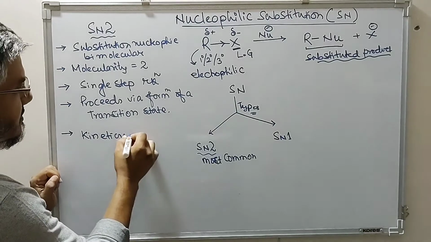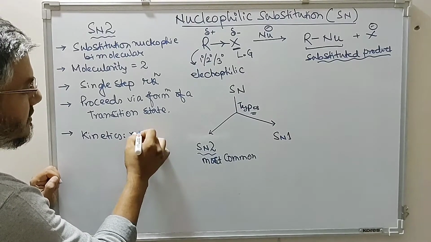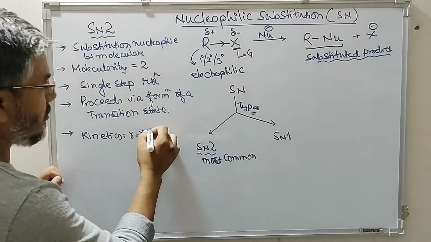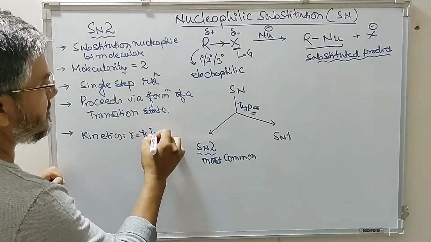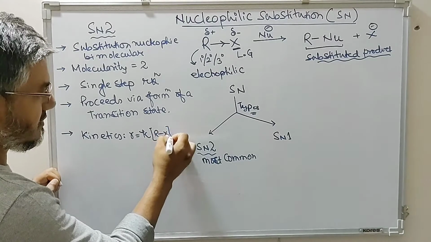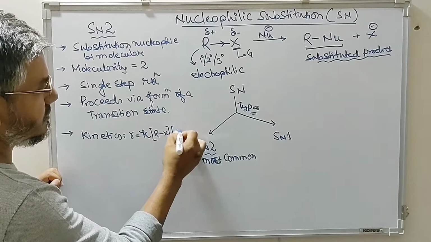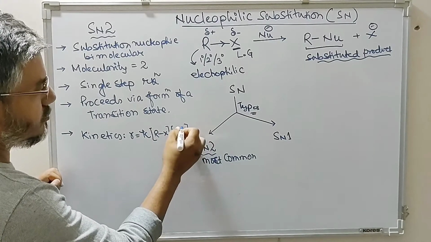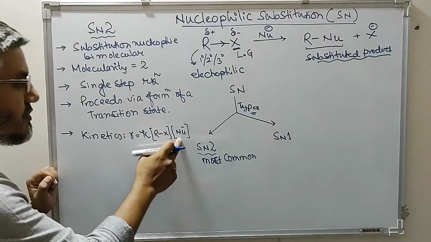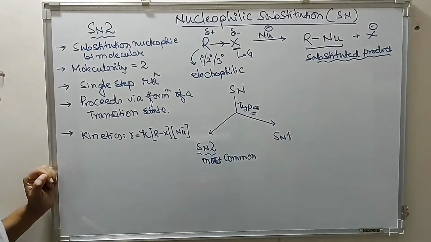Kinetics of the reaction says the rate of reaction equals some constant K, the rate constant, times the concentration of alkyl halide (I am using RX as alkyl halide), times the concentration of nucleophile. So the reaction is first order with respect to alkyl halide and first order with respect to nucleophile.